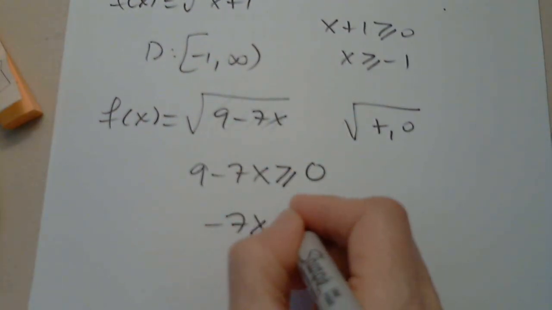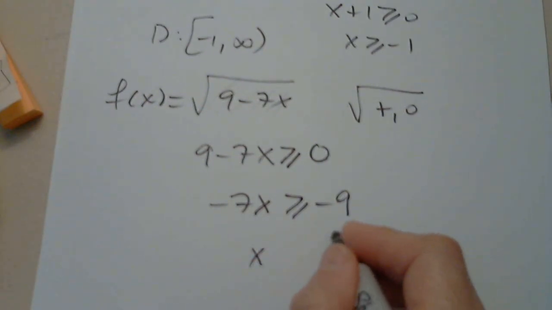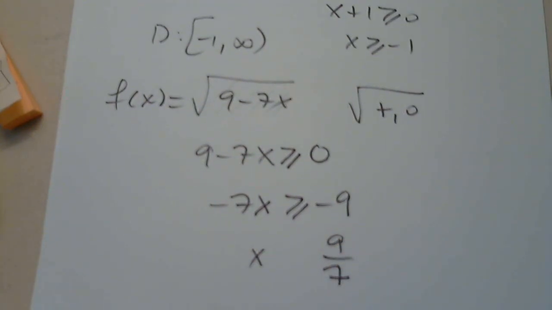So -7x greater than or equal to -9. We divide by -7. What do I need to do when I divide or multiply any inequality by a negative number? You mean when we multiply or divide, negative times negative or divided?